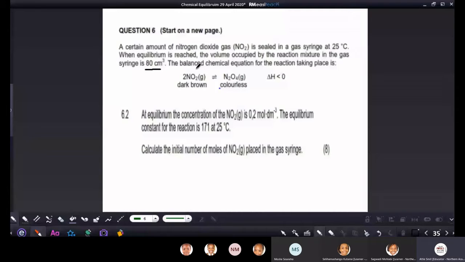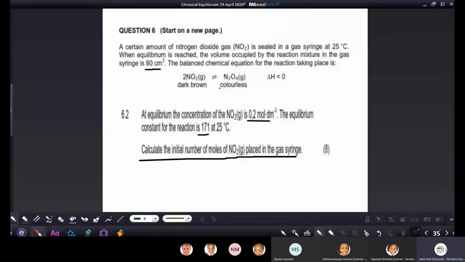The balanced chemical equation for the reaction is 2NO2 forming N2O4. At equilibrium, the concentration of NO2 is given. The equilibrium constant is given as 171. Now calculate the initial number of moles of NO2 in the gas syringe.